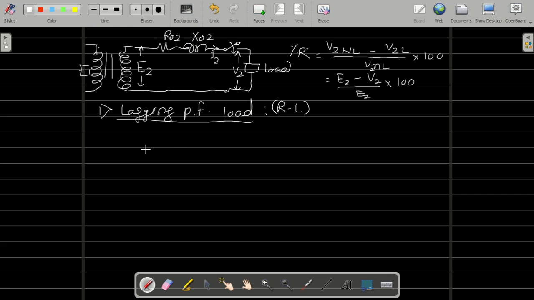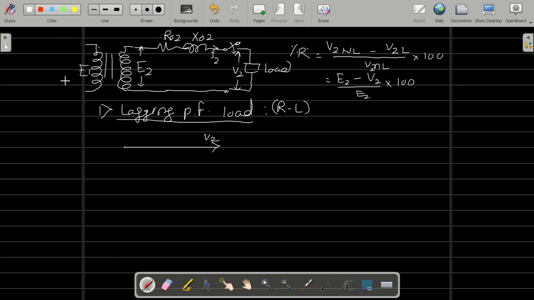This means if you draw the vector diagram, how will the vector diagram come? I am taking V as a reference, right? This is the voltage V. I am taking V2 as a reference.